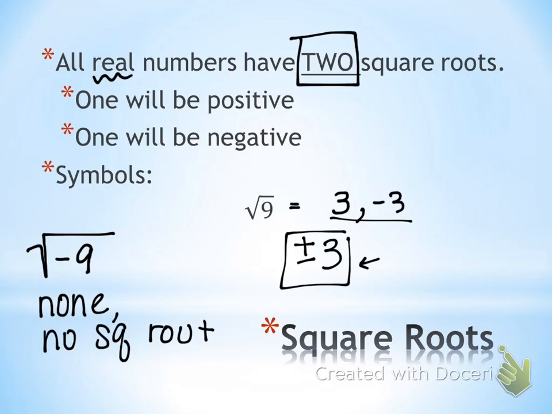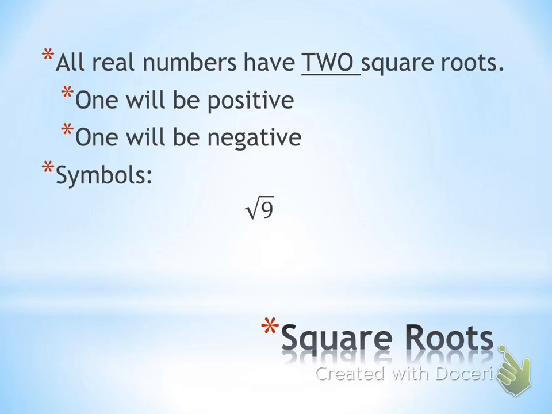Now, anytime there is a negative sign on the outside of the square root, remember we just finished saying there are two answers to every square root problem, a positive and a negative. Sometimes they will have the sign on the outside that tells you, I want to know the negative square root of 9 only. So, what's the negative square root of 9?